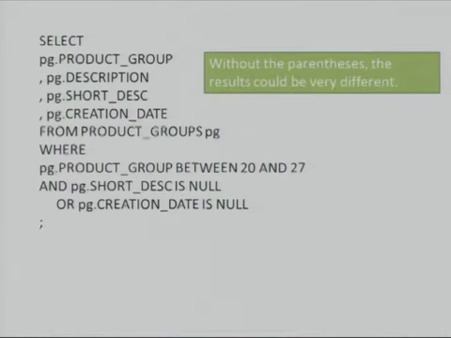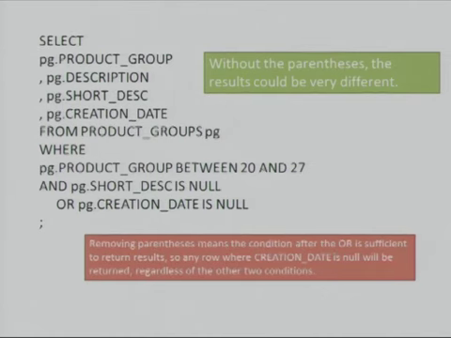Now, if we took the parentheses away, here we're saying that the product group should be between 20 and 27 and the short description is null, or it's adequate that the creation date is null. So in this case, because there's no parentheses, the or becomes sufficient to return a row. So if the creation date is null, regardless of what the product group is, regardless of the short description, now that single condition is adequate to return a result.